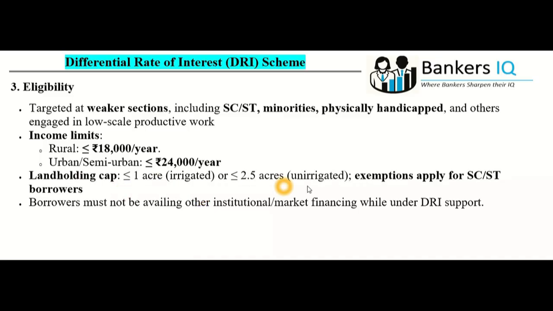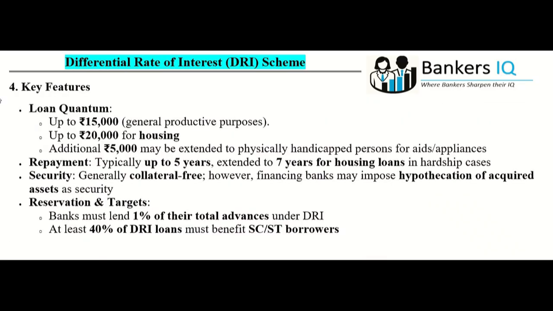If the land is unirrigated, it should be less than or equal to 2.5 acres. But exemptions apply for SC/ST borrowers. Borrowers must not be availing other institutional market financing while under DRI support. So in only one bank they have to avail it.